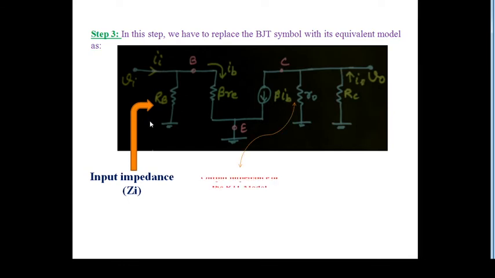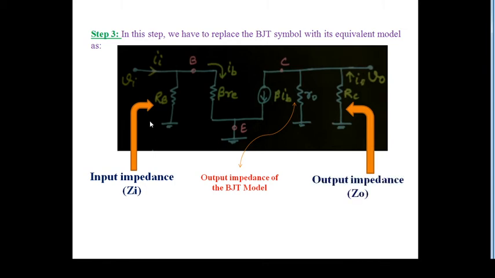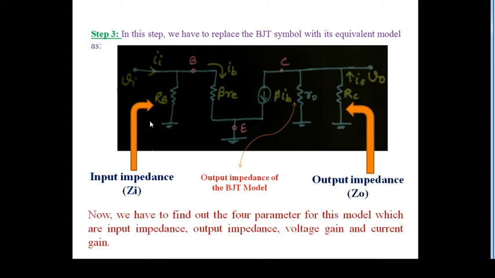And this R naught, already discussed, is the output impedance of a BJT model, and this one is our output impedance from the output side. Now we have to find out the 4 parameters: input impedance, output impedance, voltage gain V naught by Vi, and current gain I naught by Ii. So these are the 4 parameters.